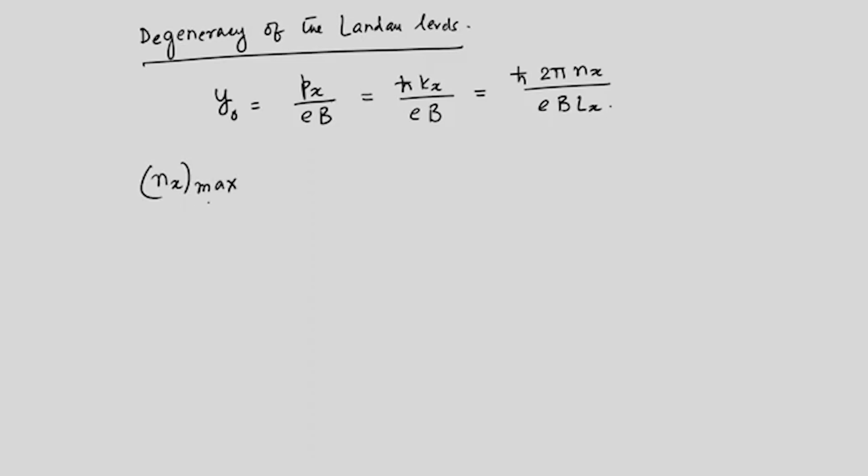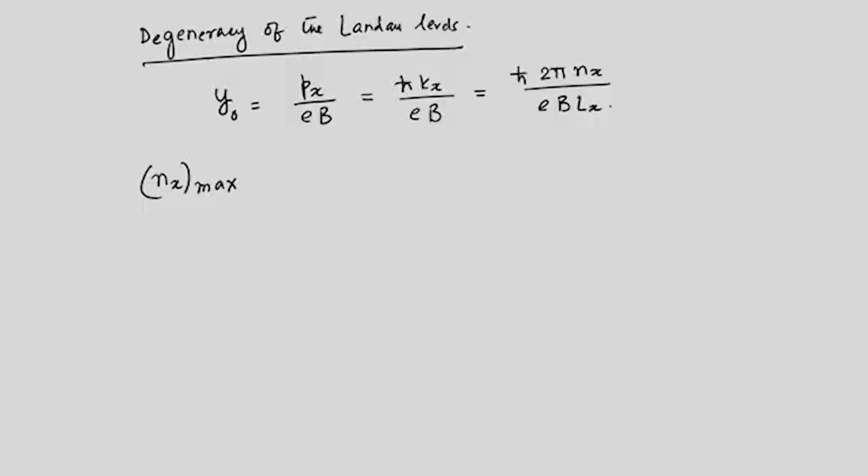All others are constant; y0 is basically a length scale in the y direction. Along the y direction there is some value of y, which is determined by, of course, the magnetic field. Now, this y0 can at the most be Ly, that is the length of the sample in the y direction. That y0 cannot be outside the sample.